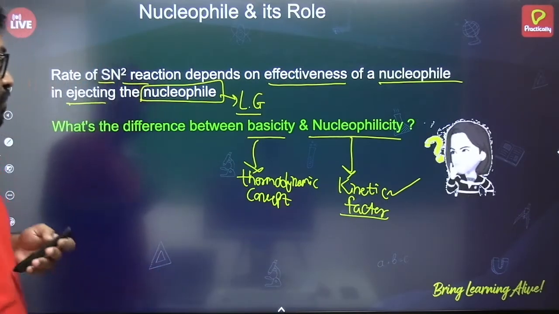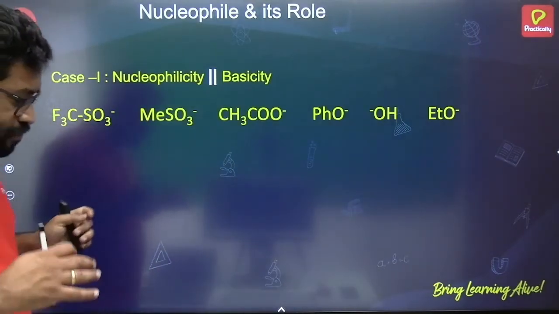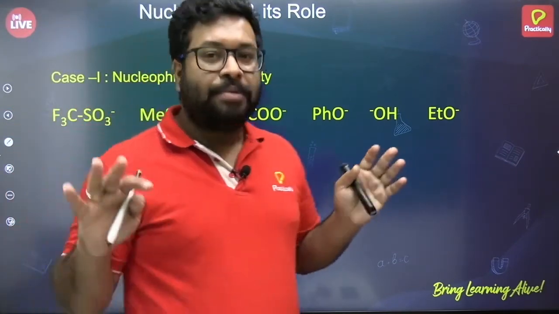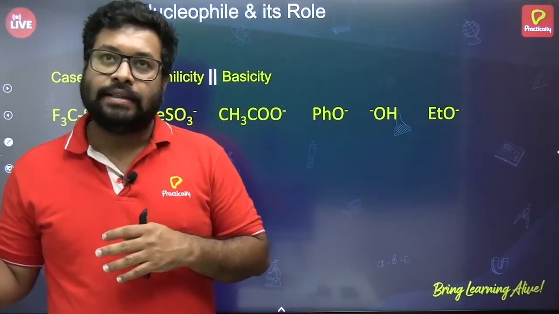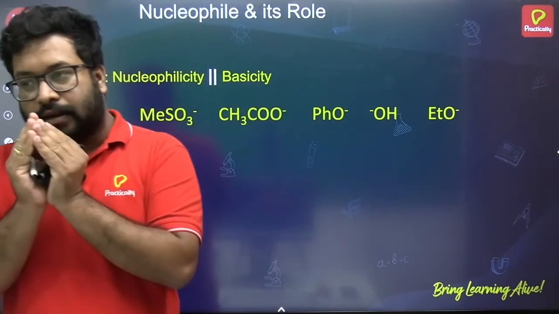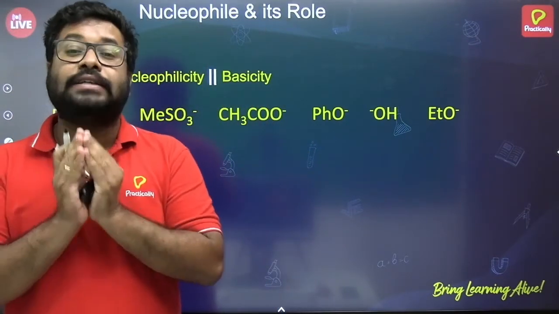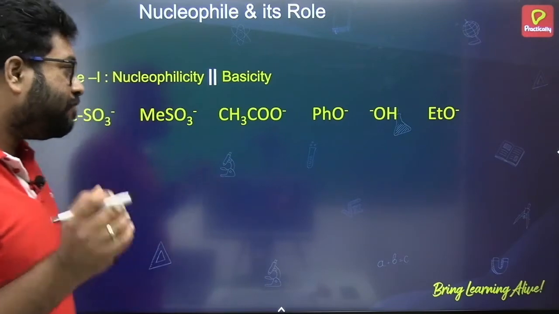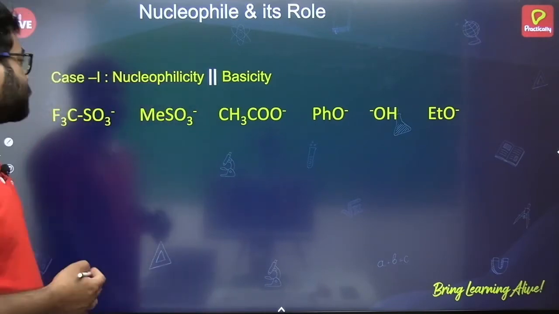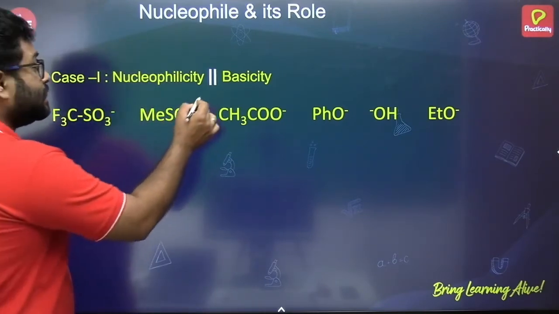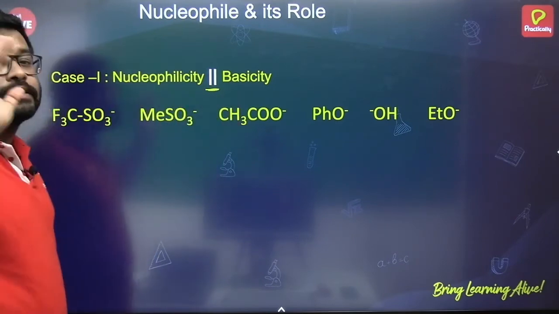Okay, sure. So see, there are two cases. I mean, basically 4 cases. In 2 cases, there's a parallelism. I would say there are some species where there is a parallelism. You can see nucleophilicity parallels the basicity.